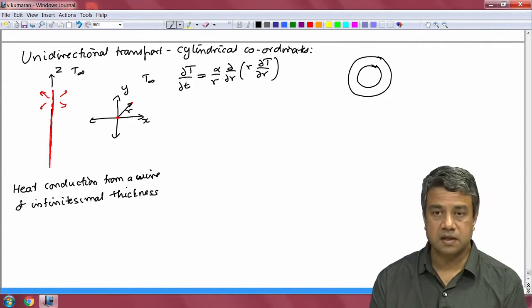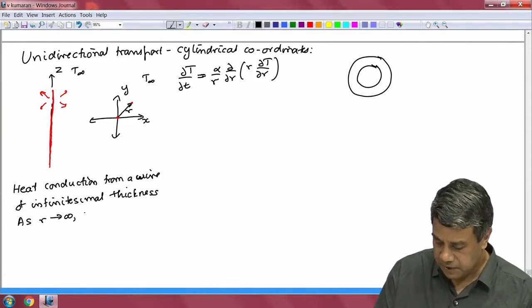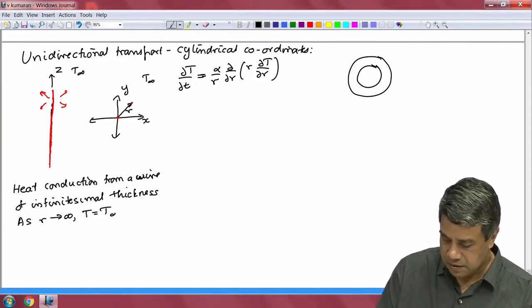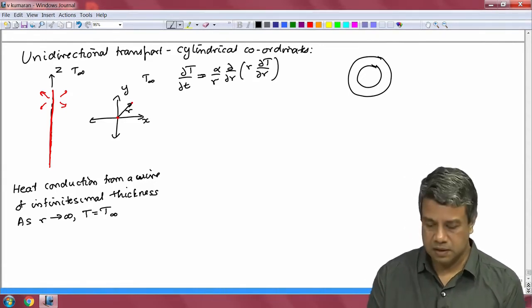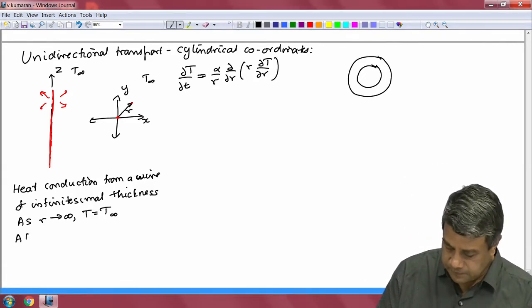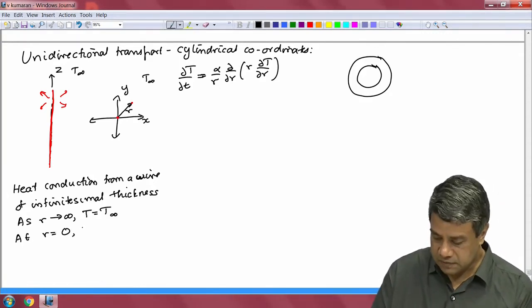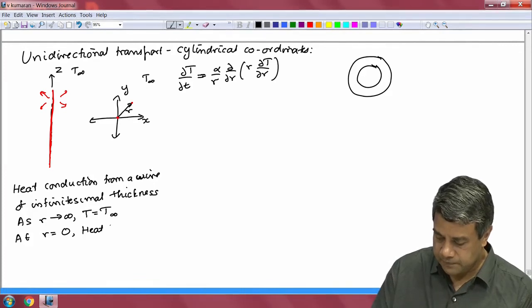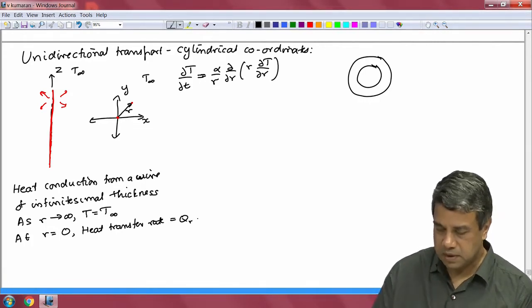And the boundary conditions will be that as r goes to infinity, T is equal to T infinity, it tends to a constant temperature far away. At r is equal to 0, the total heat transfer rate is equal to QR.